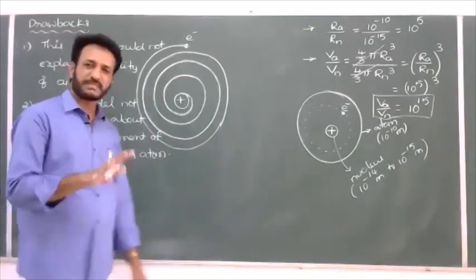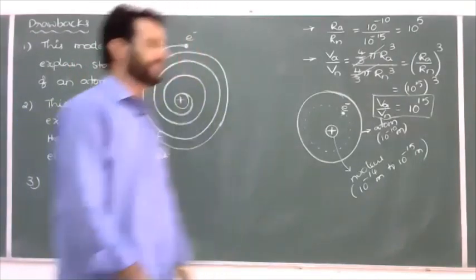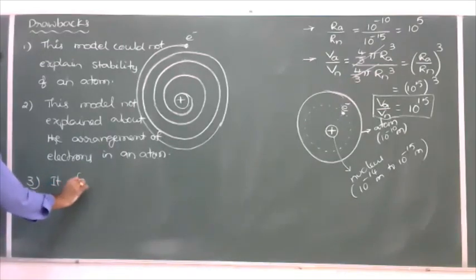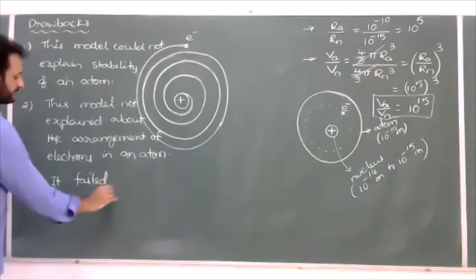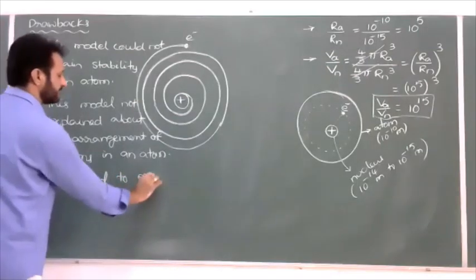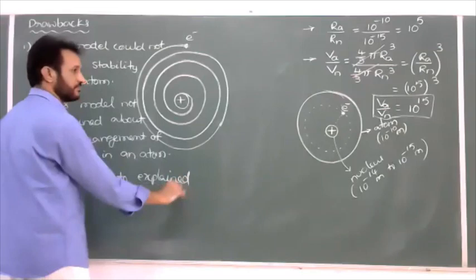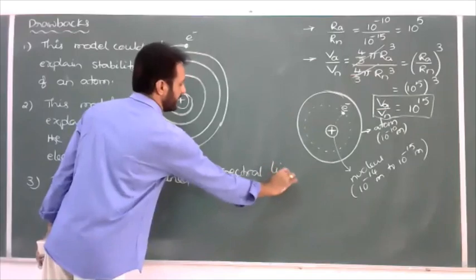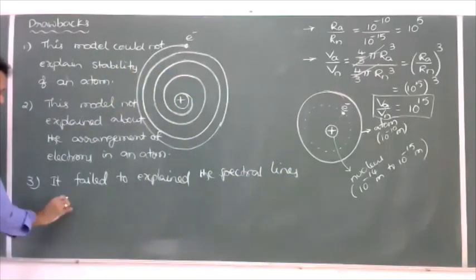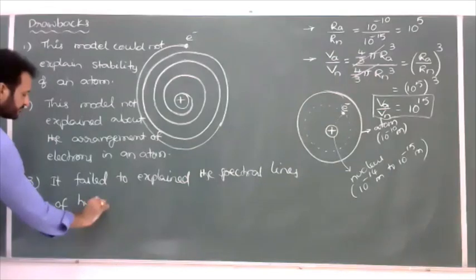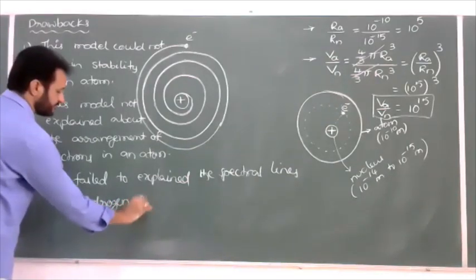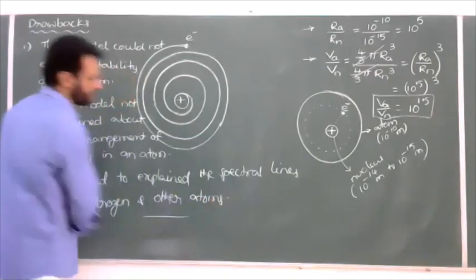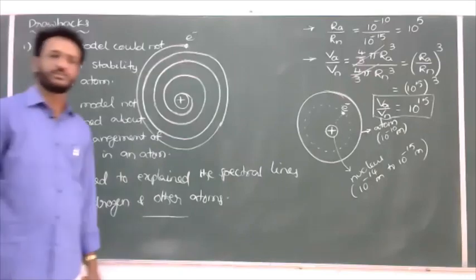The model failed to explain the spectral lines of hydrogen and other atoms. These are the major drawbacks of Rutherford's model.